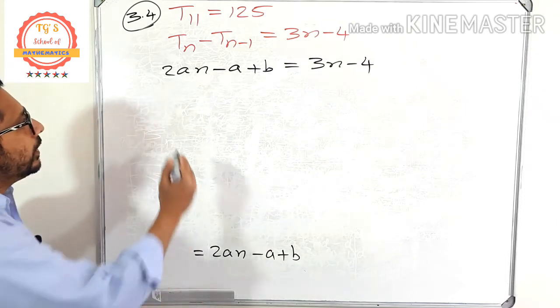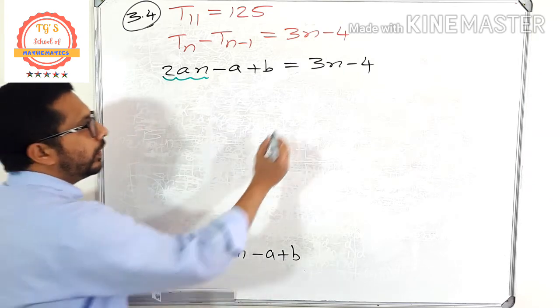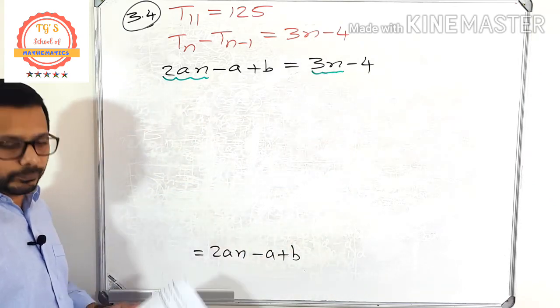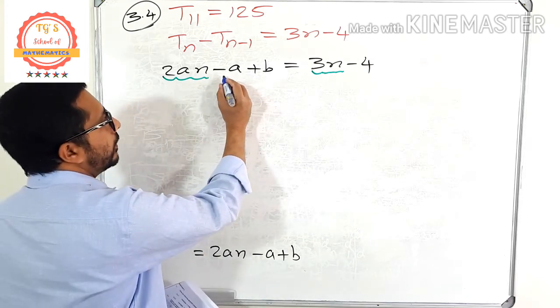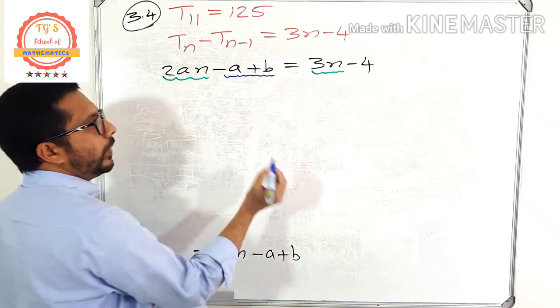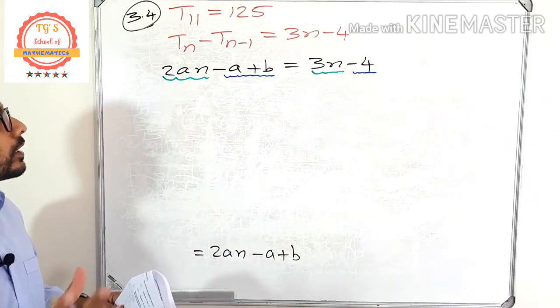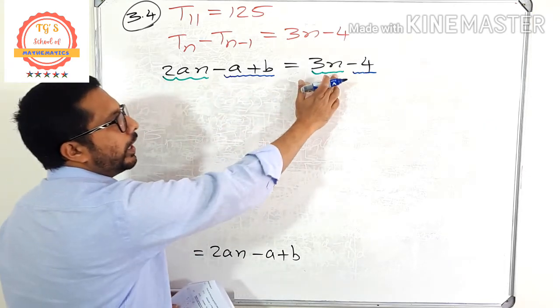Look at this one: these 2an and this 3n. Then what else? Minus a plus b and this minus 4 are the same format. Am I right? 2an and 3n.